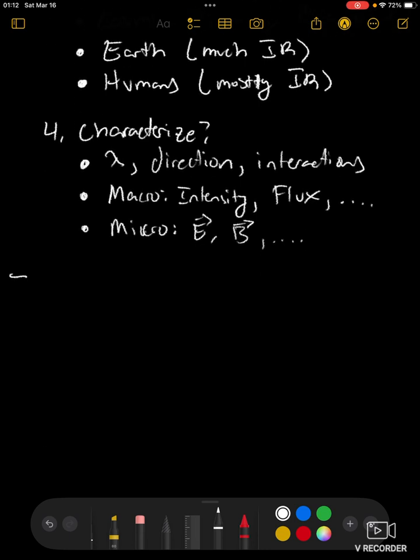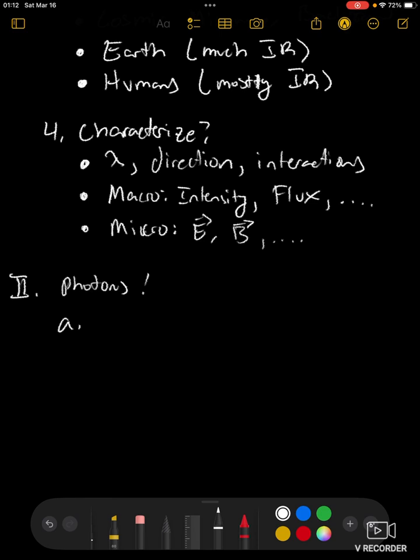So moving on to photons and beyond. In this topic, we're going to talk, at least at first, about photons. Much of it is going to be about photons.